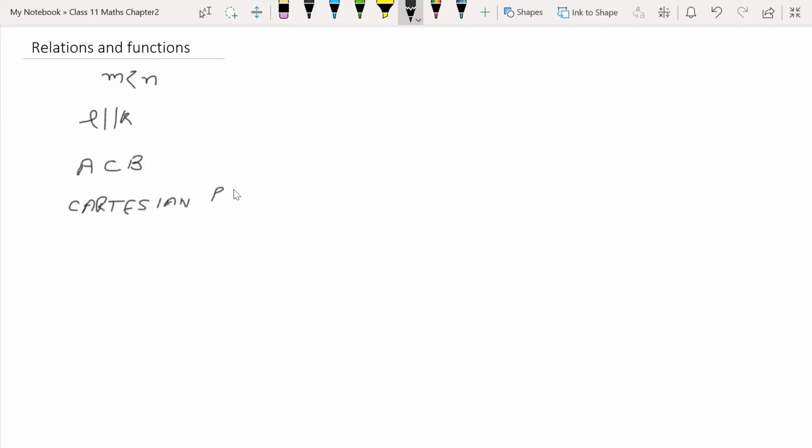Cartesian product of sets. What is the Cartesian product? The Cartesian product is, we can say, the product where every element of a set is paired with all the elements of the other set.